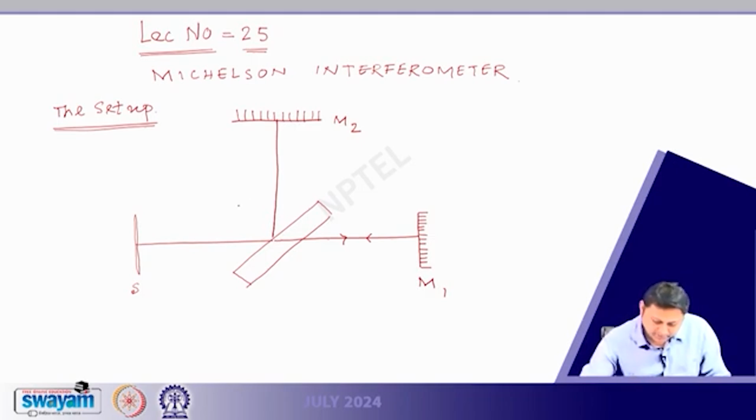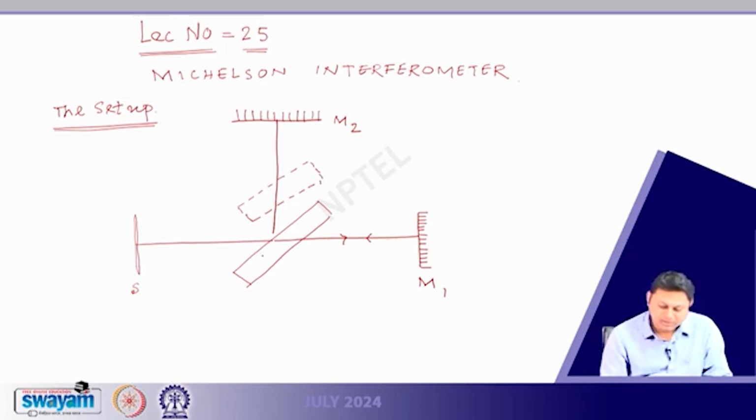But here you may remember that we put a similar structure, a glass block of the same material as this beam splitter and having the same width. So, this is a beam splitter which splits the beam, and this is a compensator.